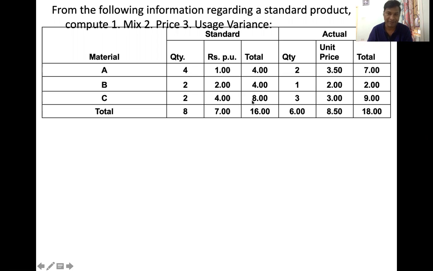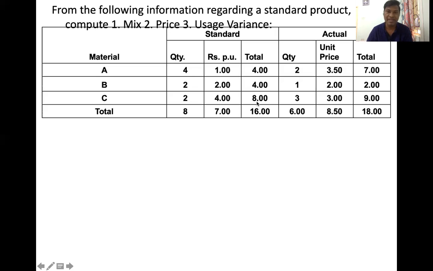But actually, in the field, material C is consumed to the extent of 3 units and each unit costs 3 rupees in the market, 1 rupee less than the standard. 3 into 3 units is 9 rupees, the cost of material C consumed actually. The standard cost of material A is 4, B 4, and C 8.